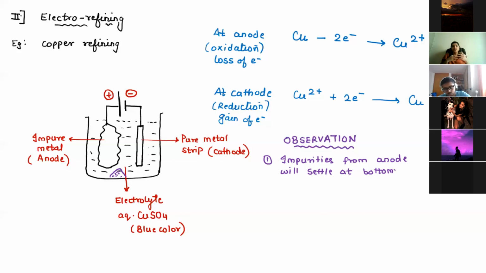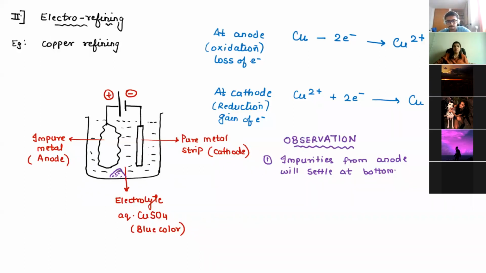You are doing the electrolysis process from the impure rod. From the impure rod, the metal is getting deposited on the pure rod. So can I say that there will be a difference in the size after some time? The impure metal will start diminishing because its impurities are settling down and the pure metal is getting deposited on another metal.